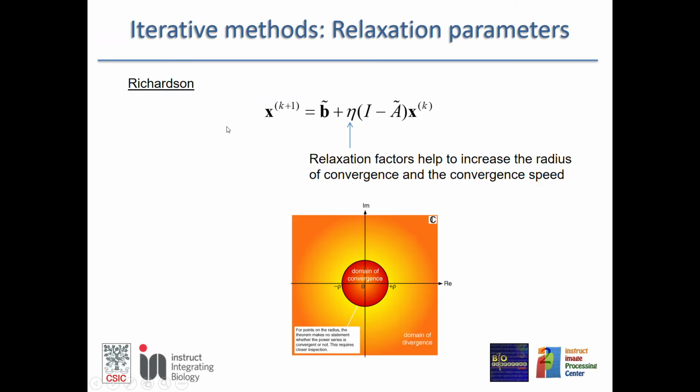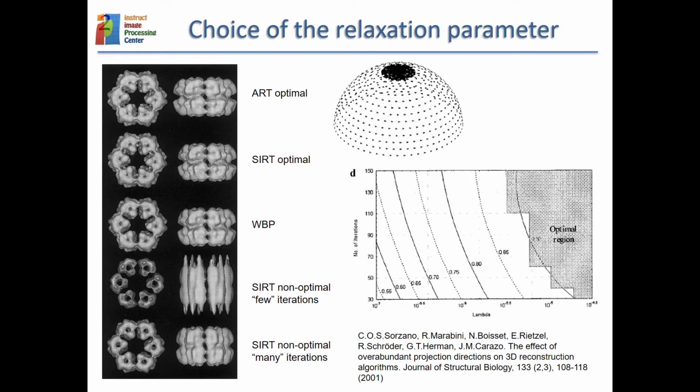So the relaxation factor in iterative algorithms is extremely important to define the convergence rate towards the right structure. This is something that normally we don't play with so much.